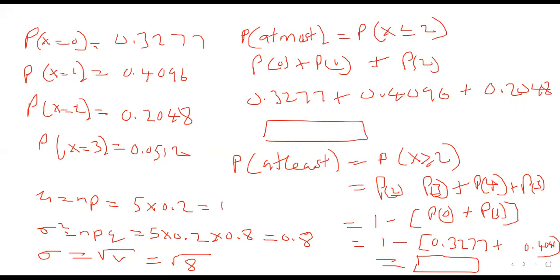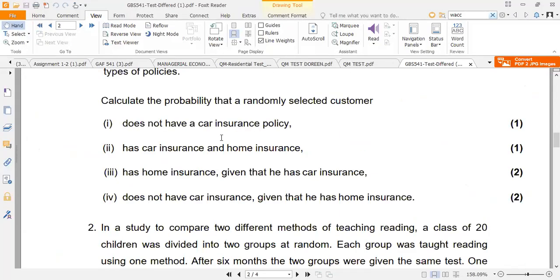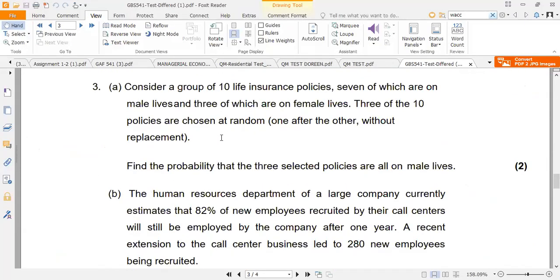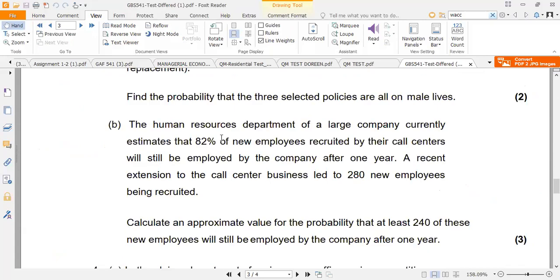Okay, let me try to broadcast what I have here. Please, let's apply, because the questions are going to come from the tests.